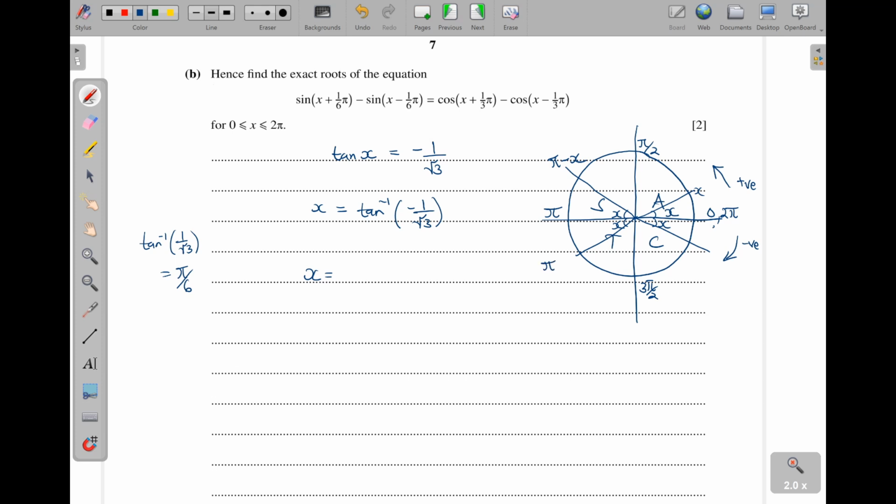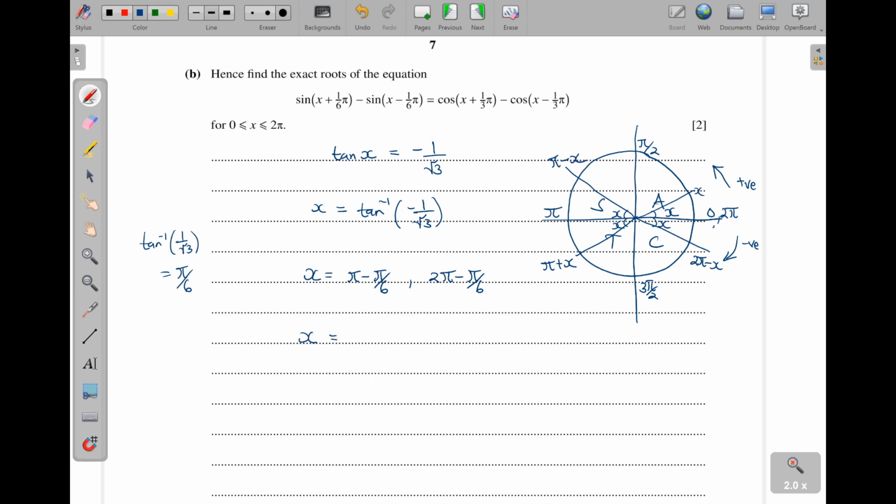Of course, here it is pi plus the x, and then when you reach here, it is 2 pi minus the x. You are moving like this up to there. You see that? Okay, now this one is going to be pi minus that pi over 6, and then the other one is going to be 2 pi minus that pi over 6.